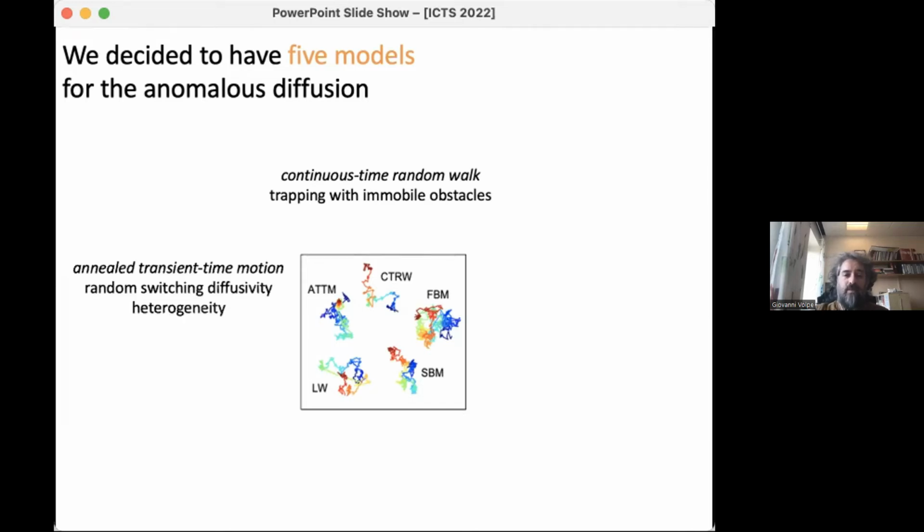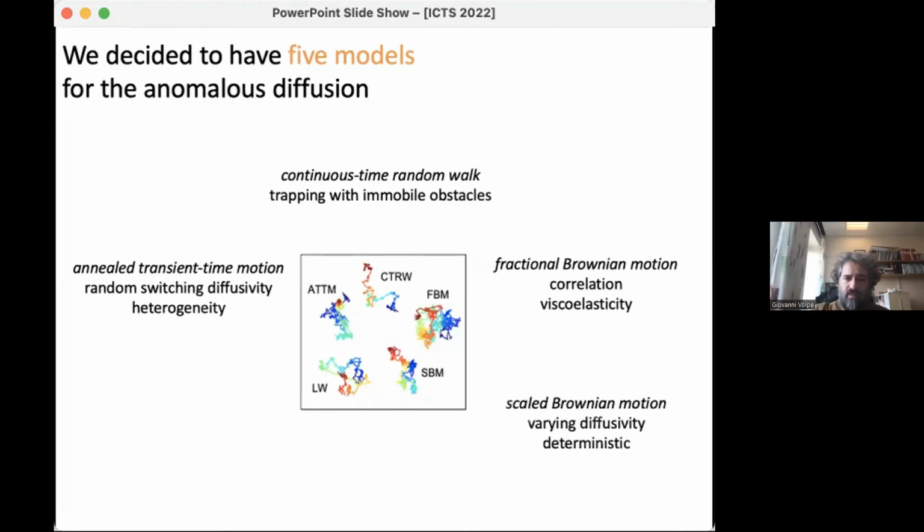Then we had a variation on the continuous time random walk, the annealed transient time motion, which was something that essentially Carlo Manzo, Gorka Munoz, and Maciej Lewenstein came up with a few years before. Then there is fractional Brownian motion, which is very interesting, especially because it taps into the topic of correlations in the motion of a random walker and how this relates to viscoelasticity.